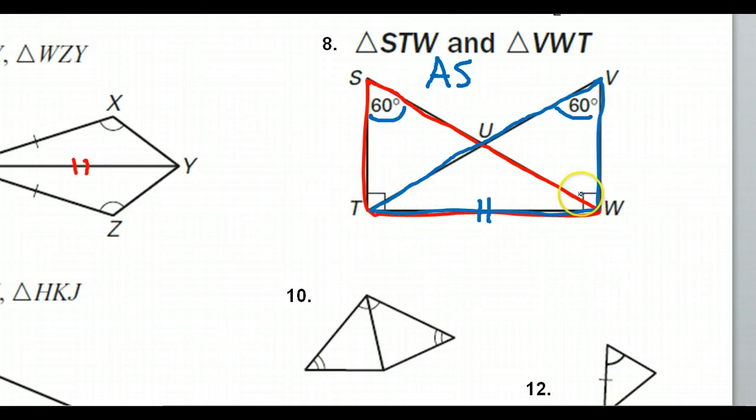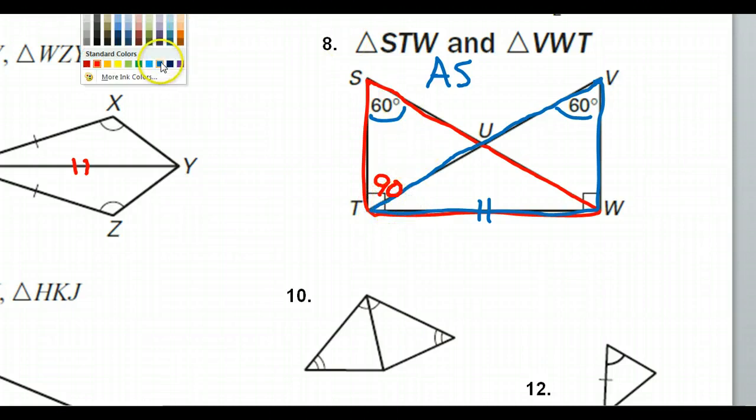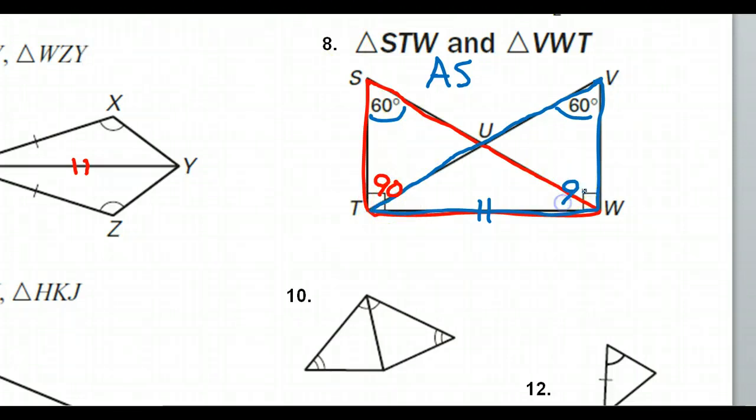Don't ignore the box right here. What do these little boxes mean? Yeah, you got it. These little boxes mean 90 degrees. So in the red triangle, that's 90 degrees, and in the blue triangle, this is 90 degrees. So that's another angle that they share. Now, is this going to be angle side angle, or is it going to be angle angle side? Well, the question is, when I look at these angles, look at the 60 and the 90 here, for example.